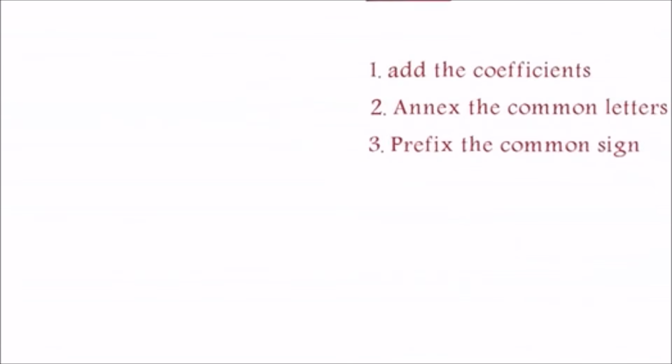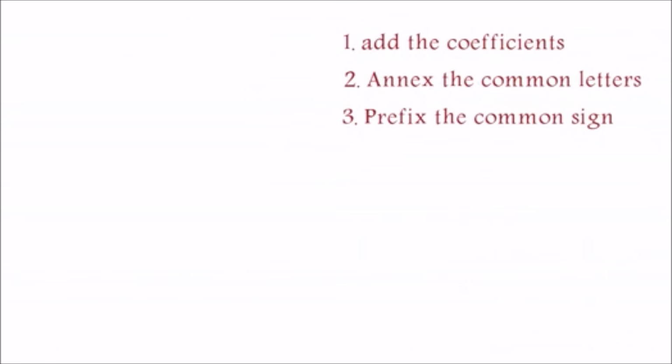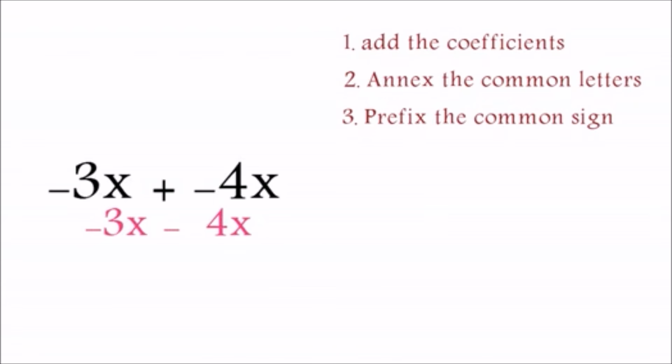For our second example, we are looking at negative numbers. Observe that we have negative 3x plus negative 4x. We could have written this as negative 3x minus 4x. We are writing it this way so you can understand it better. First, you add the coefficients.